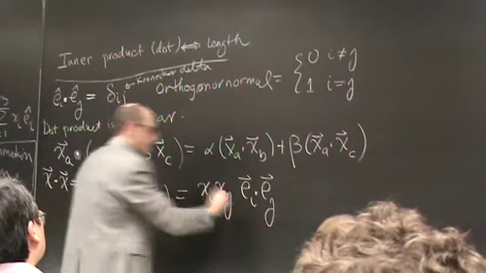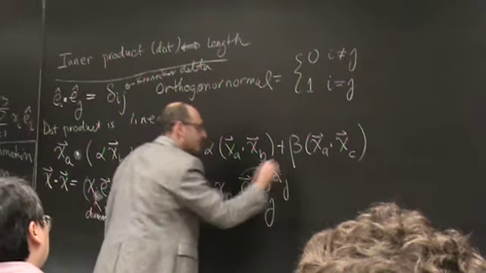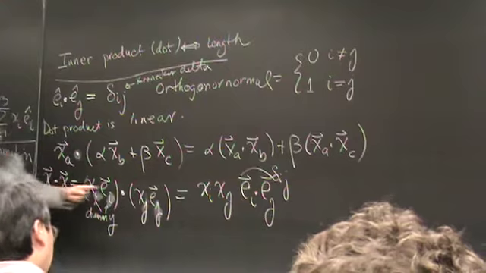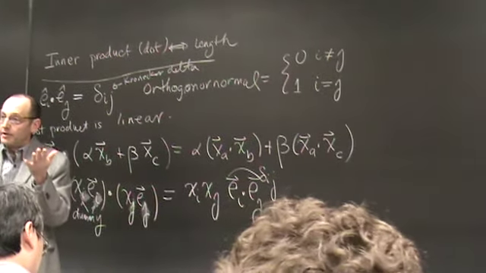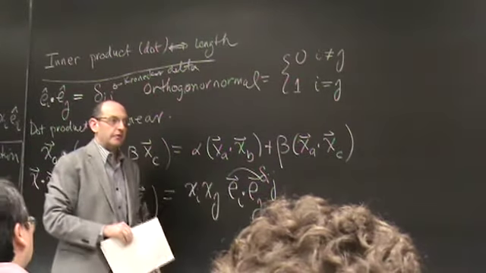So this dot product is equal to delta_ij. And now we have this sum where repeated indices are summed over. So i is summed over and j is summed over.